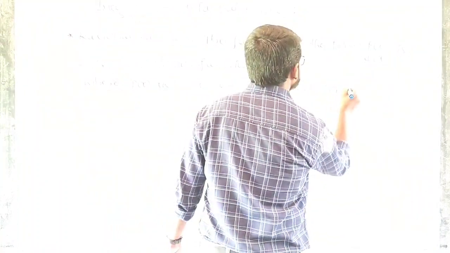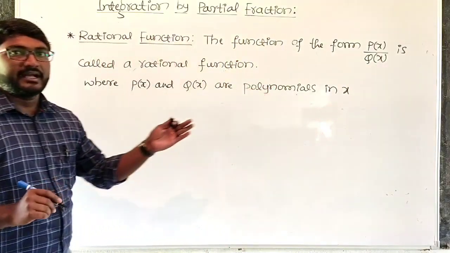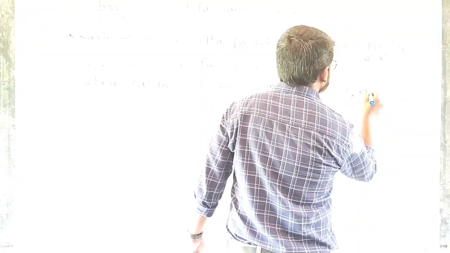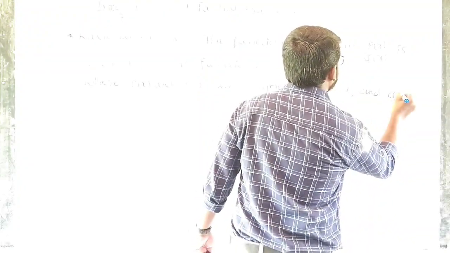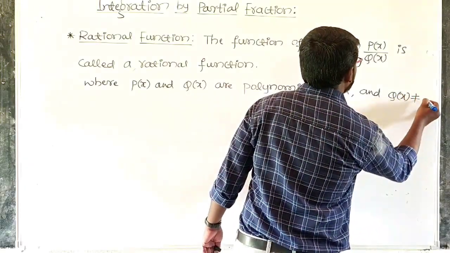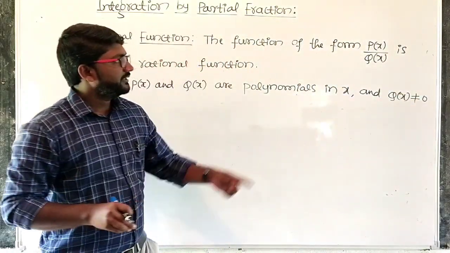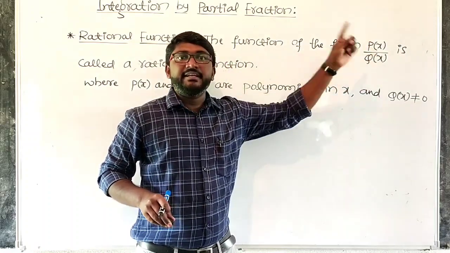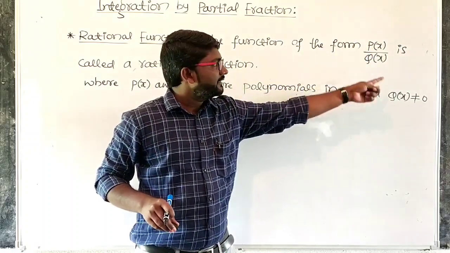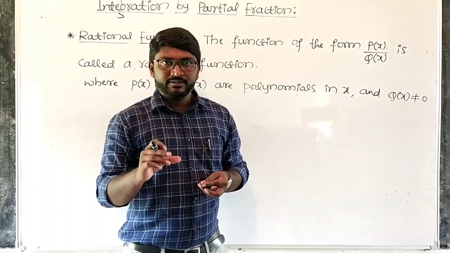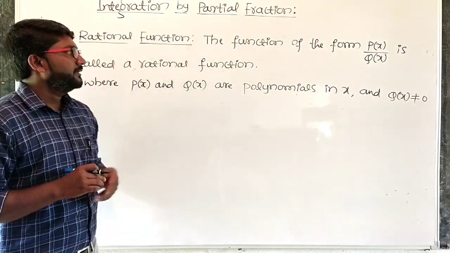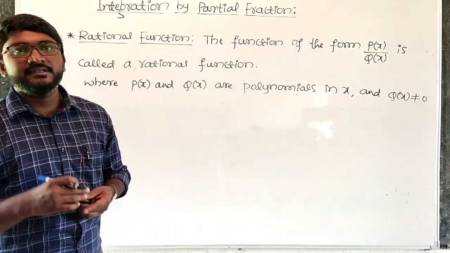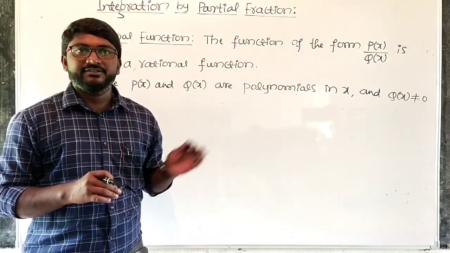In case this becomes 0, anything divided by 0 is always not defined. That is why the denominator should not be equal to 0. This is all about rational function. Again, in this we have two types: proper rational function and improper rational function. Let us take one by one.